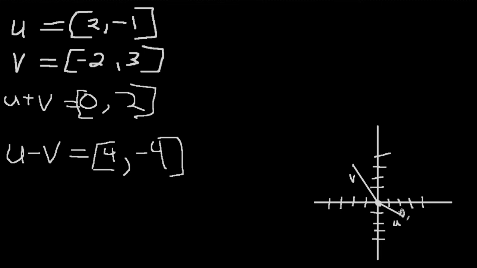And we get to right here. So if we started from here and then got to here, we complete a triangle by just doing a u minus v and starting the new plot point of this 4, -4 from the v.